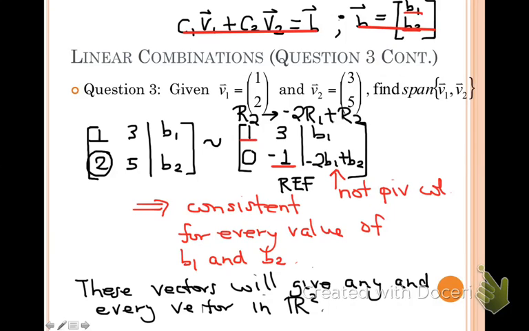So a shorthand way of writing that is to say that the span of the vectors v1 and v2 equals R2. All that means is that if I take a linear combination of the vectors v1 and v2, I can get any vector I want in R2, and in fact, I can get every vector I want in R2.